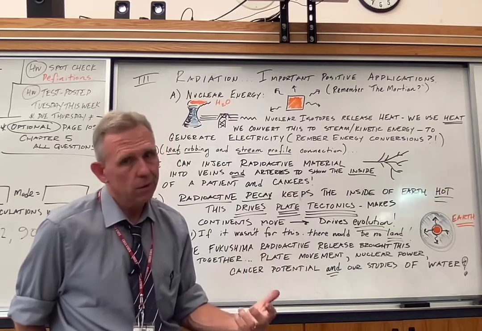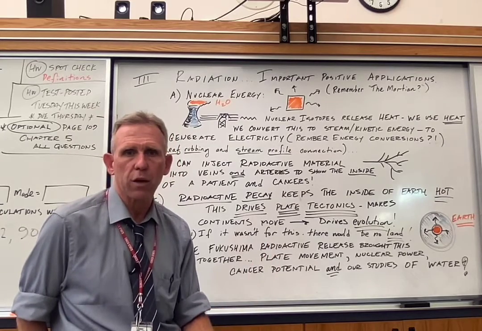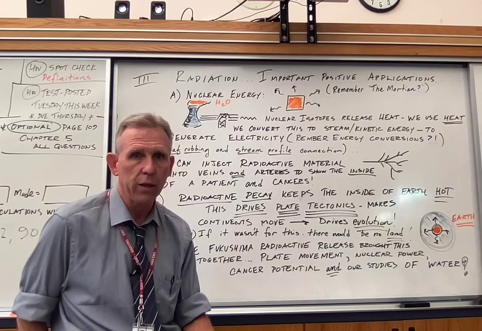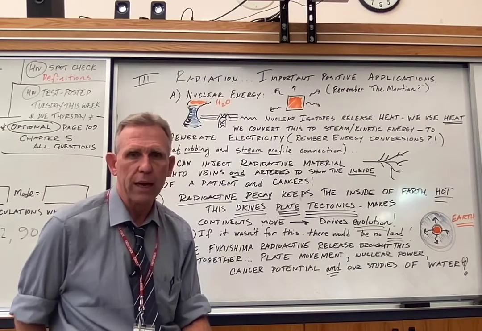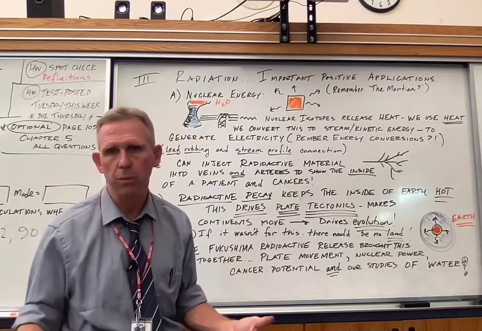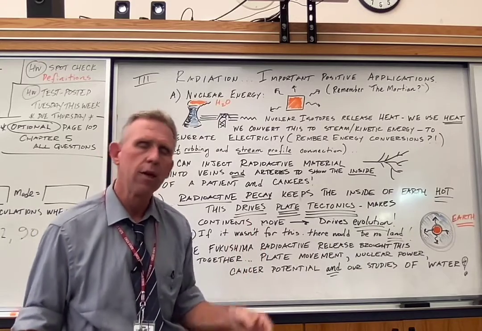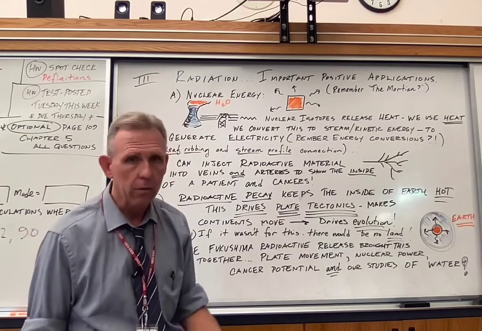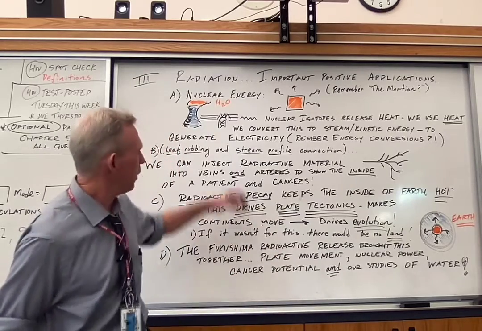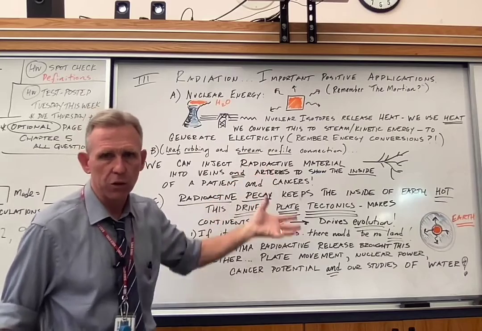Nuclear power does give the promise of being able to generate electricity, and we need a lot of electricity, without putting out a lot of greenhouse gases. The nuclear power plant itself doesn't really put out hardly any greenhouse gases. There are greenhouse gases produced in the getting of the uranium, but the long and the short of it is, a nuclear power plant is essentially a big tea kettle.